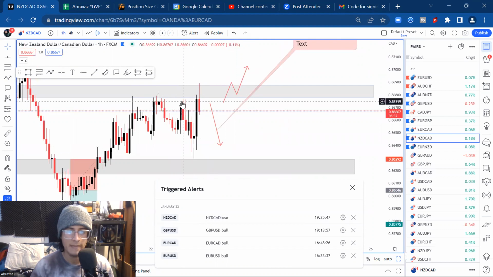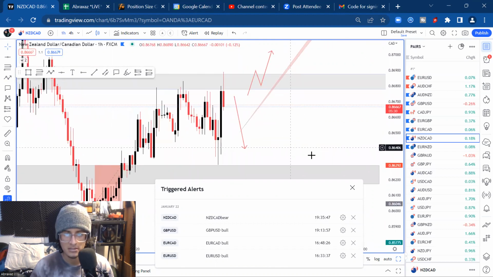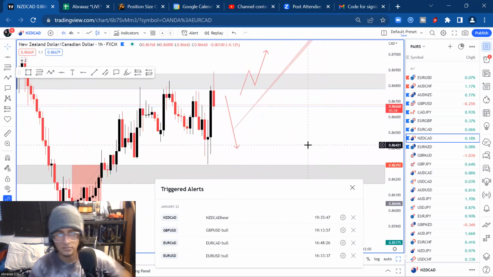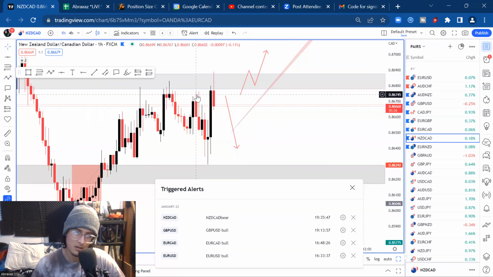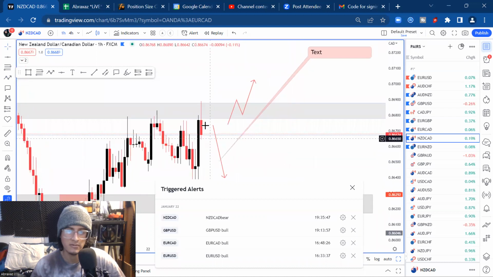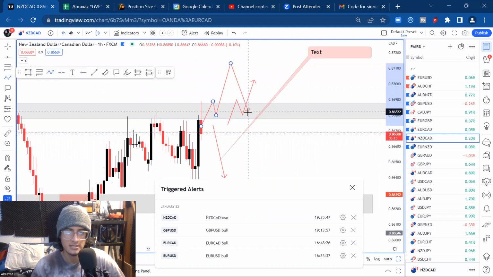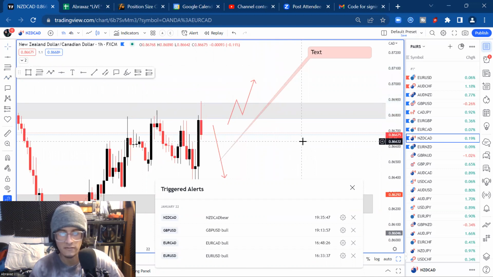But it had already happened once. And in my experience, with break and retest as well, oftentimes if there's a break and retest with this pair, and then it decides to come back down, I have a tendency to trade it right here as a break and retest, but then price would just consolidate and do some other crazy stuff.